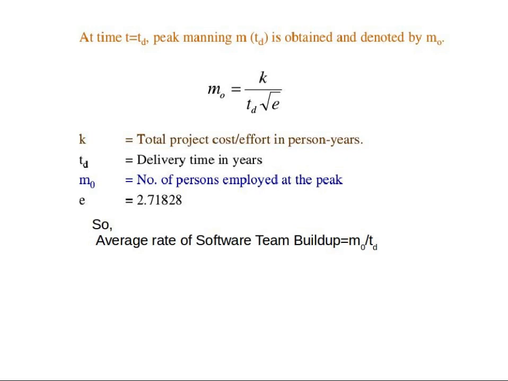So we can write that at time t = Td, the peak manning m(Td), denoted M0, is obtained as M0 = K/(Td √e), where K is the total project cost in person-years, Td is the delivery time in years, M0 is the number of persons employed at the peak time, and e is the value 2.71828. So the average rate of software team buildup is equal to M0/Td.